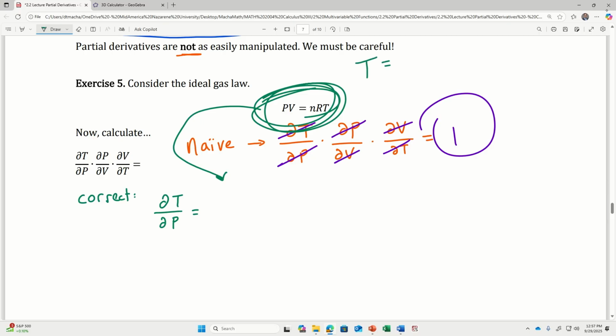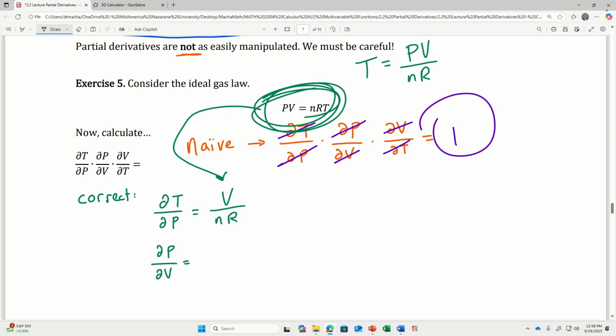Temperature is pressure times volume over moles times constant R. And if I'm taking the partial of temperature with respect to pressure, that would be volume divided by moles times R. Okay, what about the partial derivative of pressure with respect to volume?